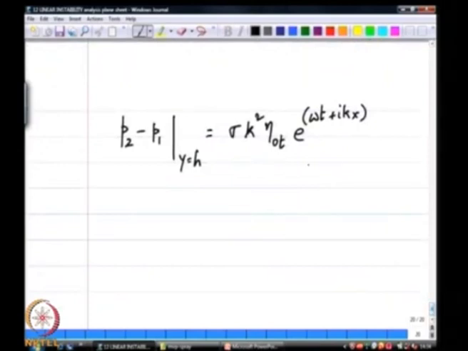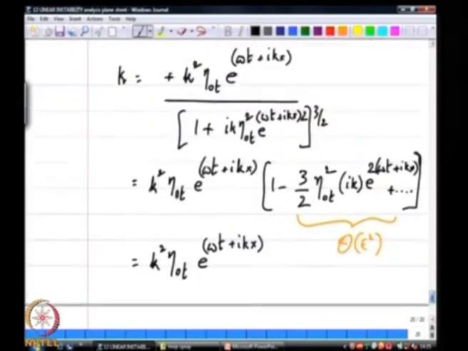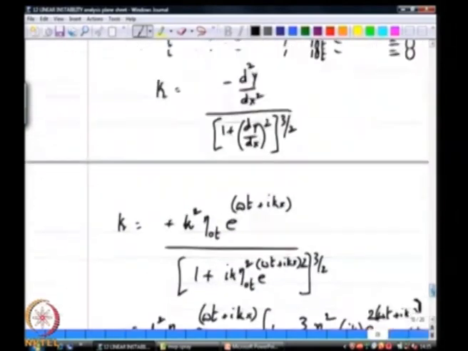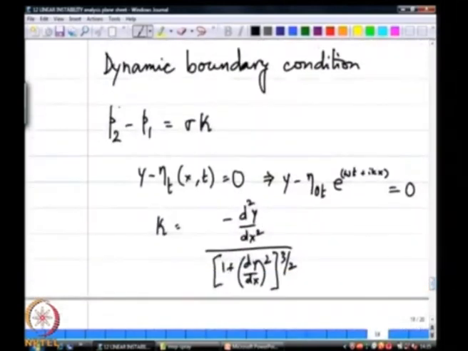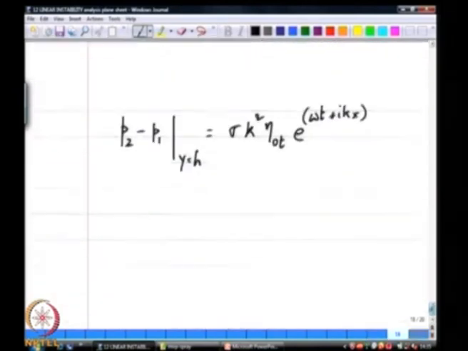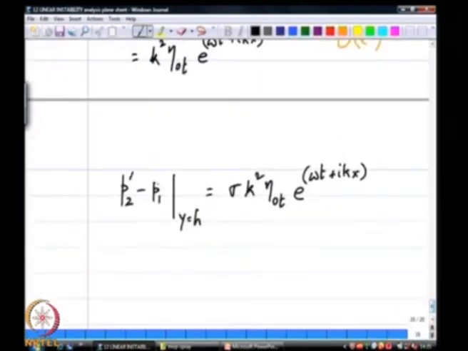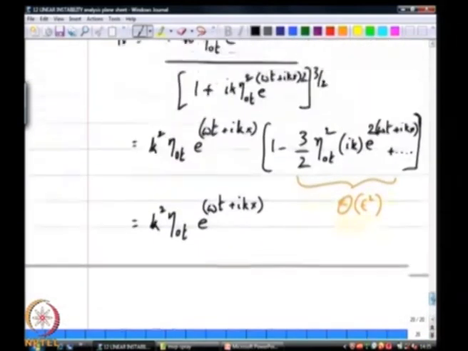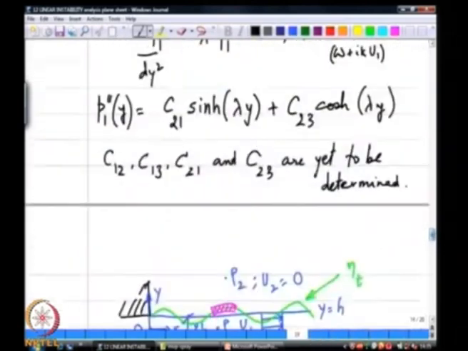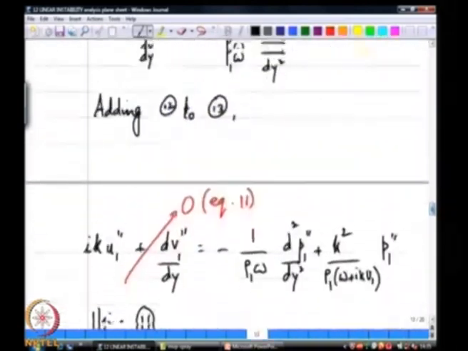We will actually do this just to show what it looks like. P 2 is known, really speaking these are the prime quantities P 2 prime and P 1 prime, because the mean pressure condition was where everything was at the same pressure. So, I can get the forms for P 2 and P 1.